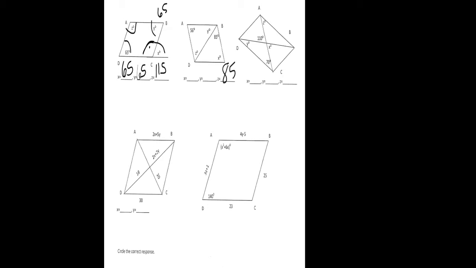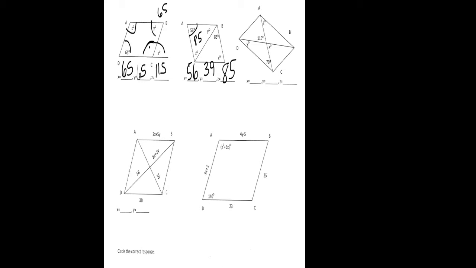So Z is 85. If Z is 85, this angle is 56, so Y has to be 39. X is opposite 56, so X has to be 56.